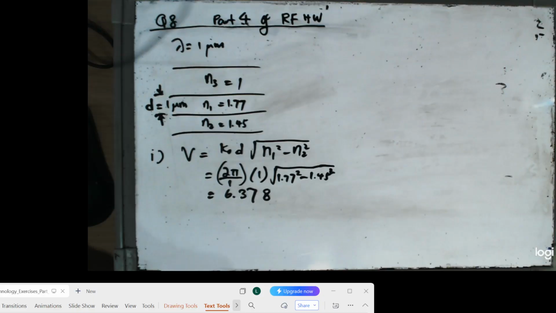Part 2 of the question asks for the asymmetry factor for TE mode and TM mode.